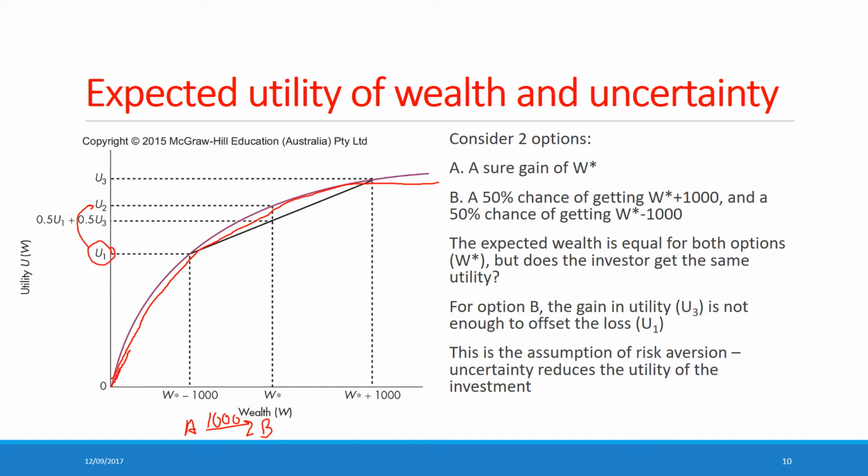If you move from B to C, by the same amount of wealth, $1,000, your utility would increase from U2 to U3. But as you can see here, the distance from U1 to U2 is larger than the distance from U2 to U3, meaning that at a higher level of wealth, the utility increases, but at a smaller rate.